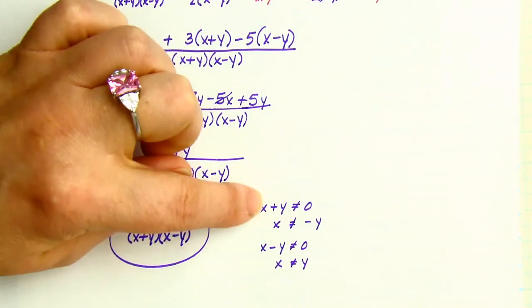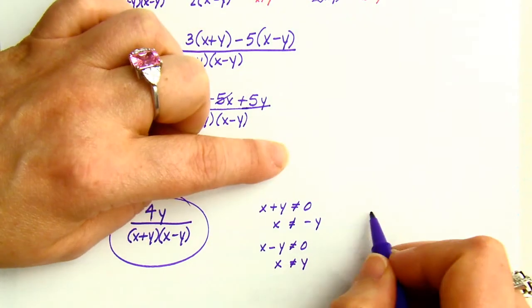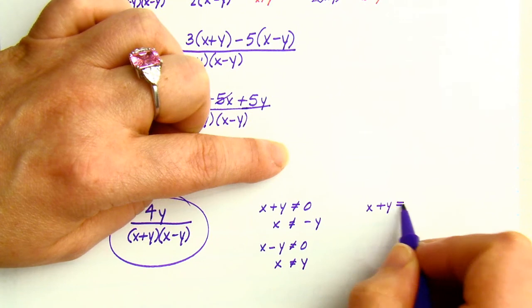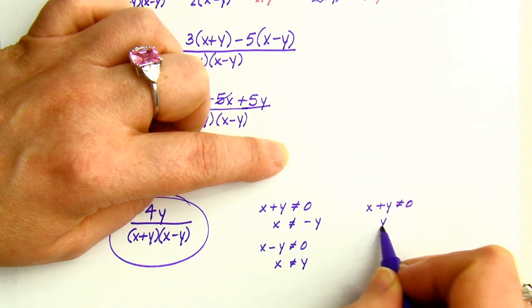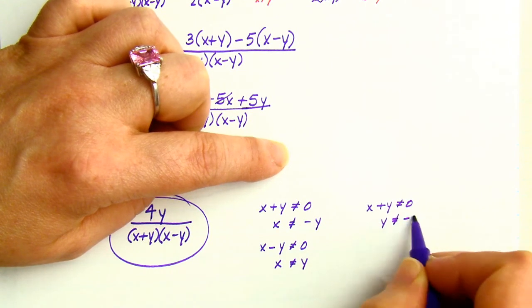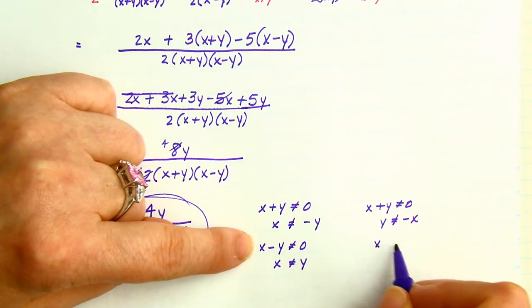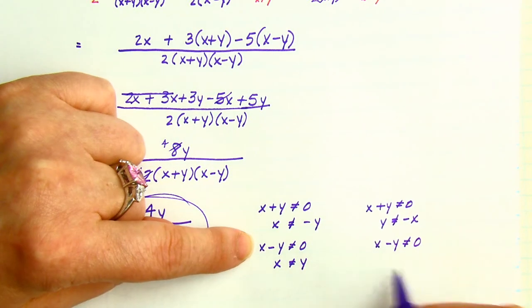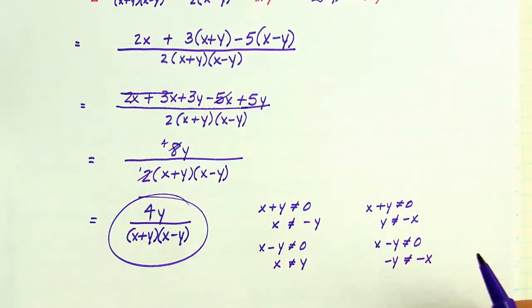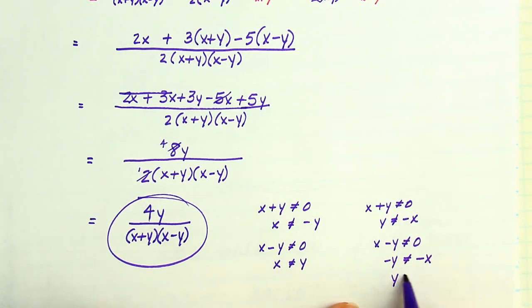If I solve this for y this time, x plus y cannot equal 0, so y cannot equal negative x. If I solve this one for y this time, x minus y cannot equal 0. Negative y cannot equal negative x. Divide by negative, y cannot equal x.